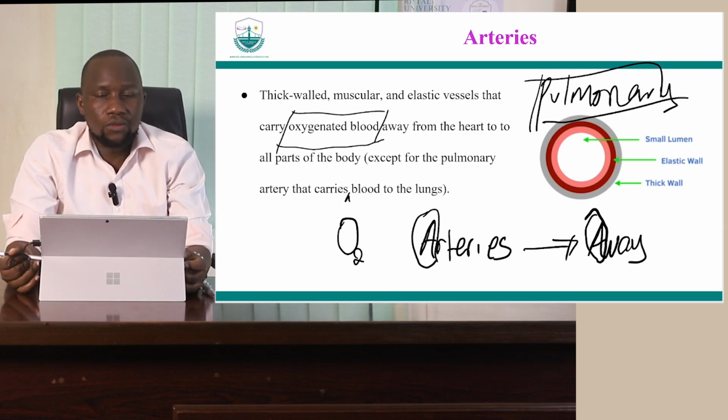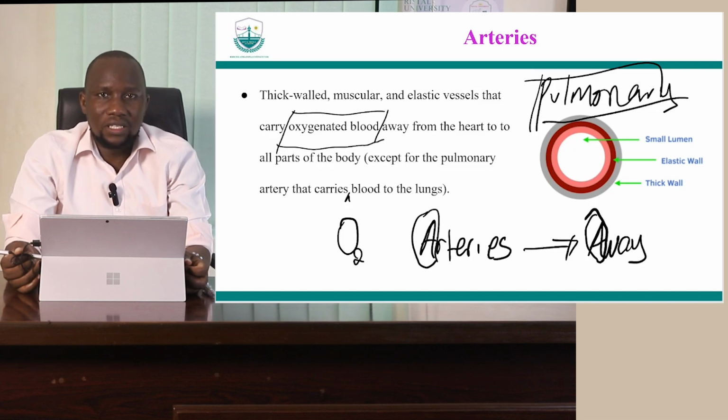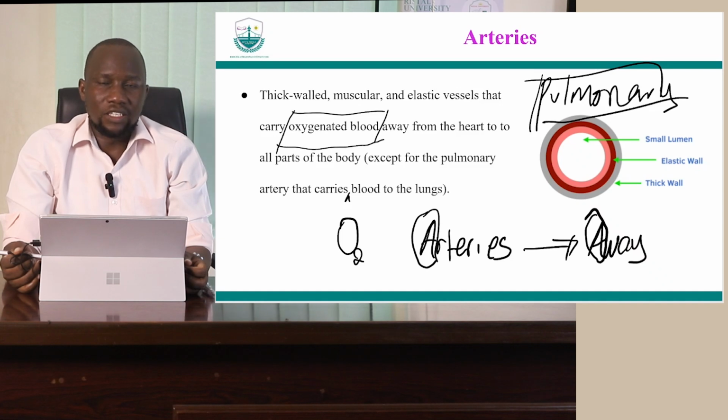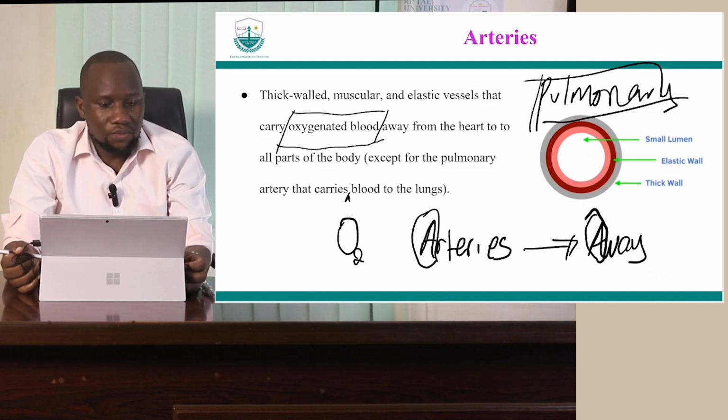Okay, so the arteries carry blood away from the heart, and this blood is often oxygenated. Only one artery carries the deoxygenated blood from the heart into the lungs, and that artery is the pulmonary artery.